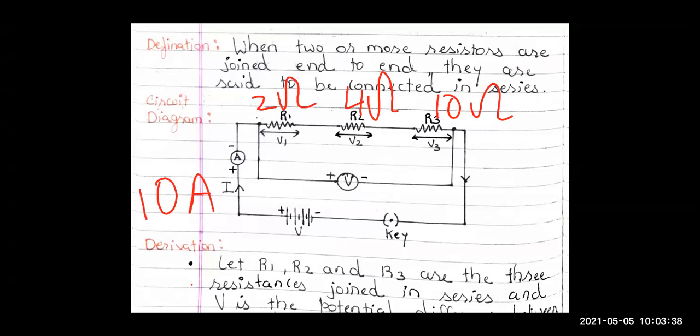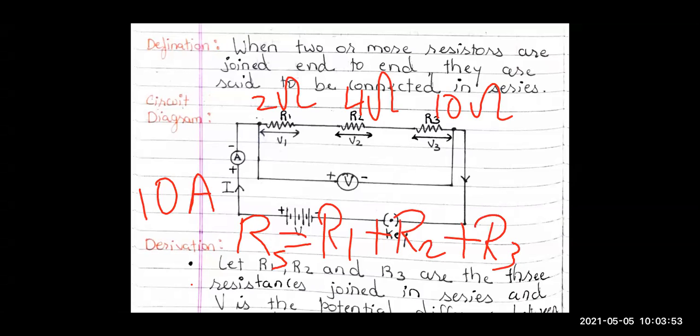So as you can see, the resistors are connected in series. R, that is the total resistance, and we'll put an s, why? Because they are in series, equals R1 plus R2 plus R3. Just now we derived it: when you want to find the resistance of resistors in series, you have to add all the individual resistances.